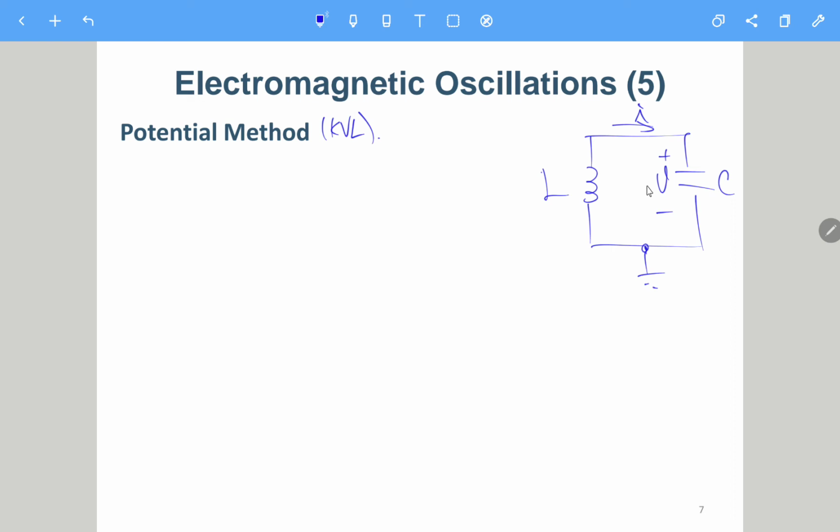So this is V. From here to here should be negative V, because from here you go up by V and then go down by V back to the original point, so this should be negative V.